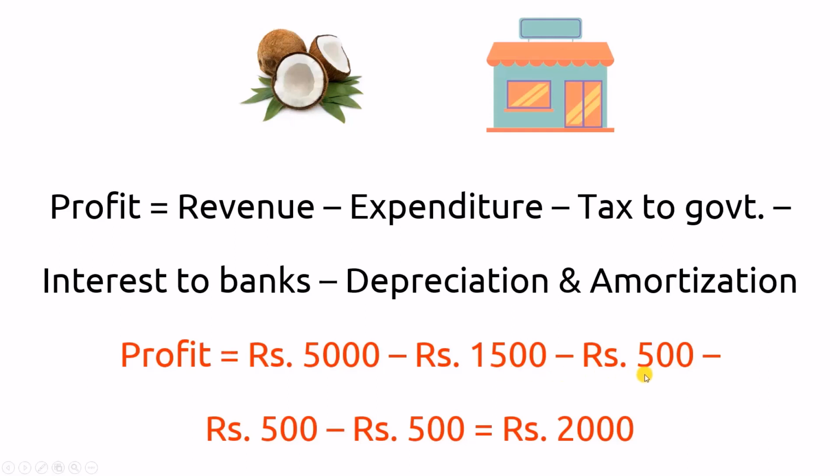You have paid 500 rupees tax to the government, 500 rupees interest to the bank, and the depreciation and amortization is 500. So when you do the math, you get 2,000 rupees as profit for that year. Okay, 2,000 rupees profit for that year.